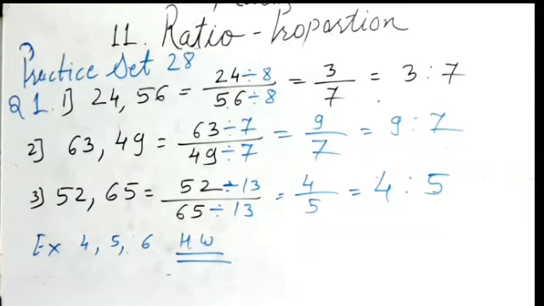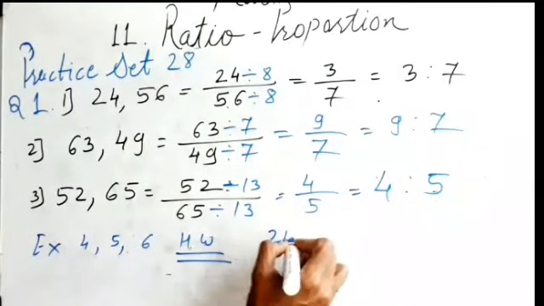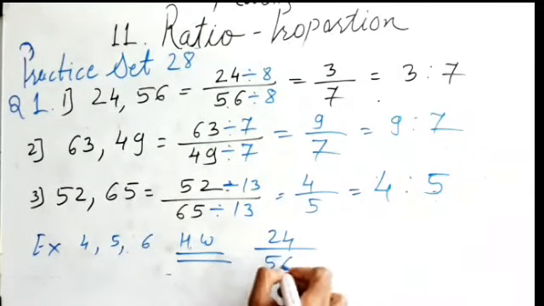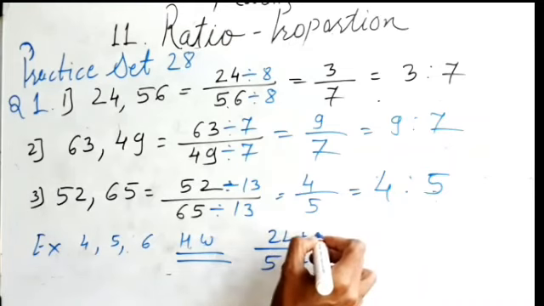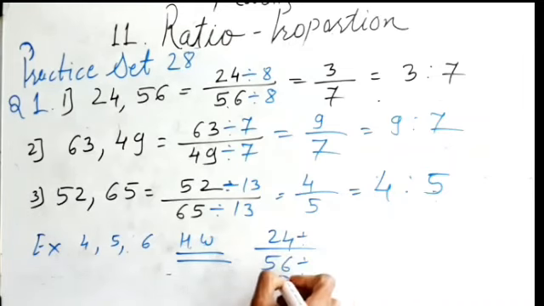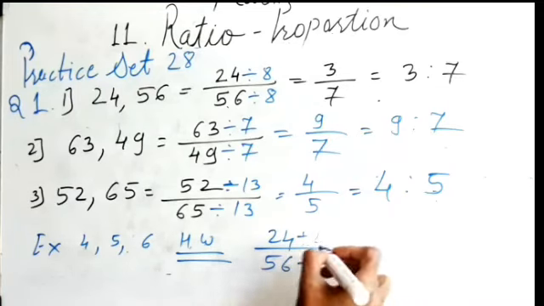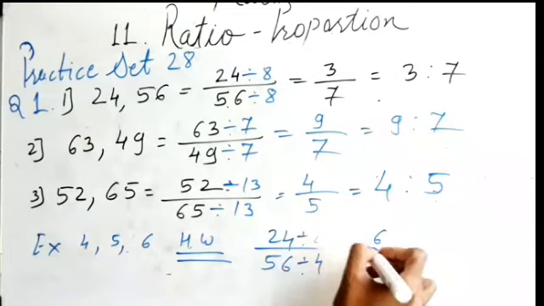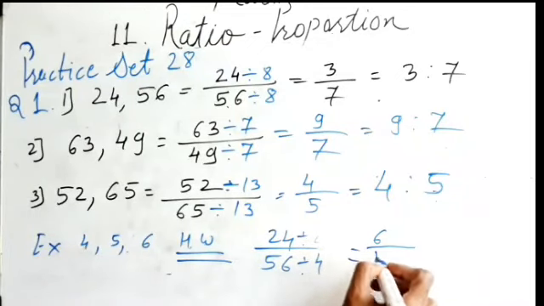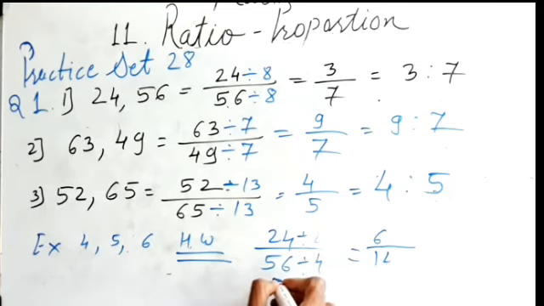Okay. Sometimes what will happen, students, you may by mistake, suppose for example 24 upon 56, divide it by 4. Some students will divide by 4, then what will I get? 4 6s are 24, and here 4 14s are 56.